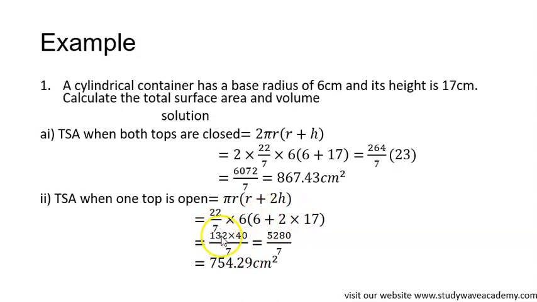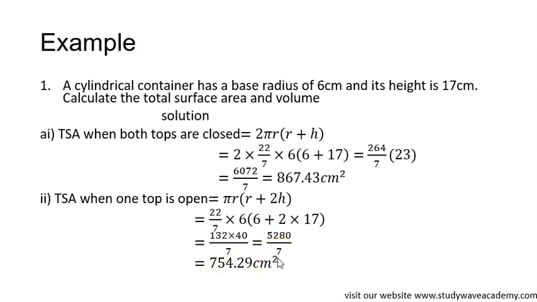So 132 times 40 is going to give you 5,280 over 7, and 5,280 divided by 7 is going to give you 754.29 centimeters square.